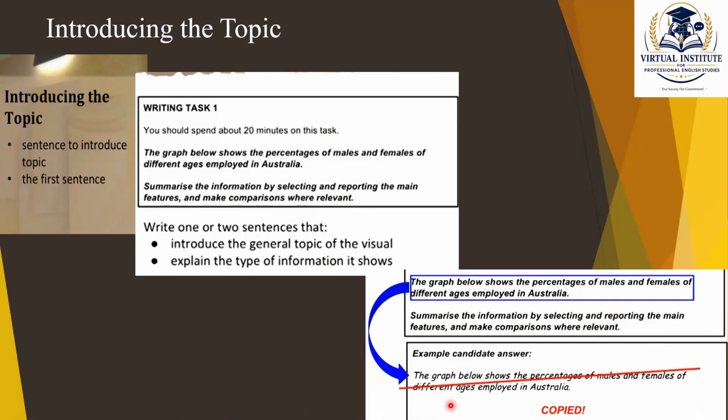They don't want us to copy the exact words. They want us to write something from our ideas, from our perspectives. Excellent, yes, exactly. This is what the examiners are looking for. And if you copy the exact same statement, it means that your language range is very limited. It's limited to copying things and nothing else. Are you getting the point?